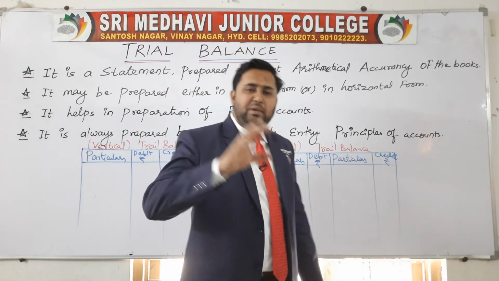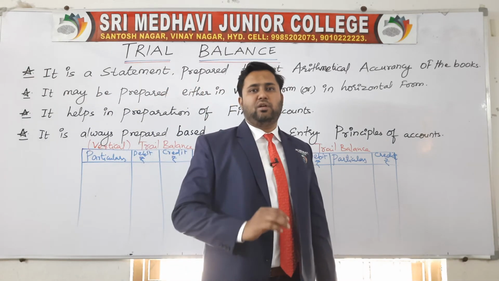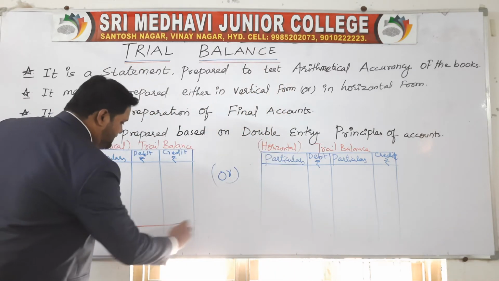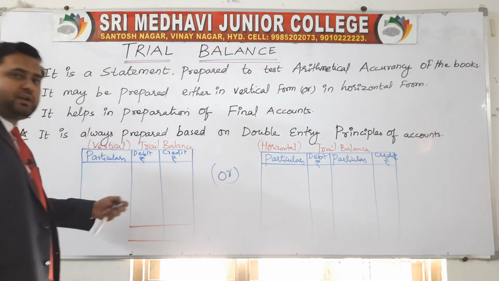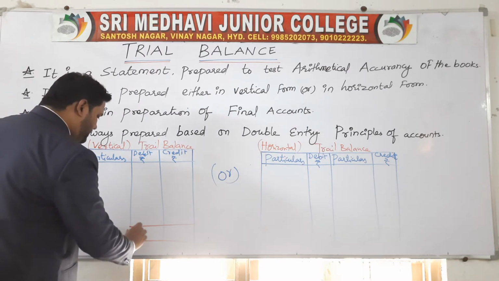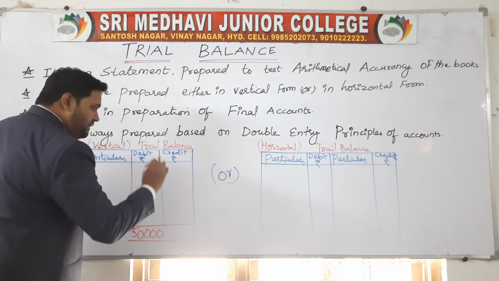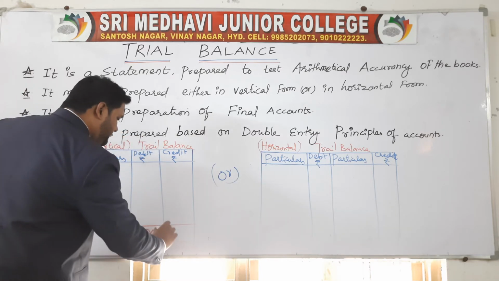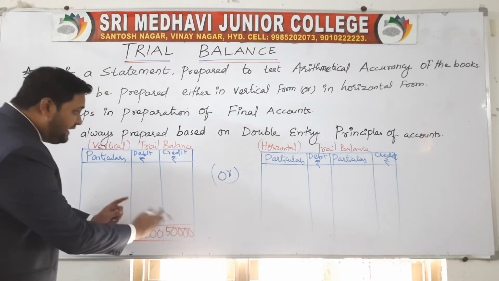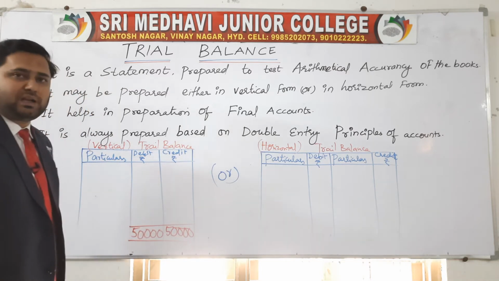In the end, while preparing the statement of trial balance, let us say for example, you are preparing a trial balance in the vertical form and writing a few assets here. If you get 50,000 in the debit, you must have 50,000 in the credit. Debit and credit balances agree.